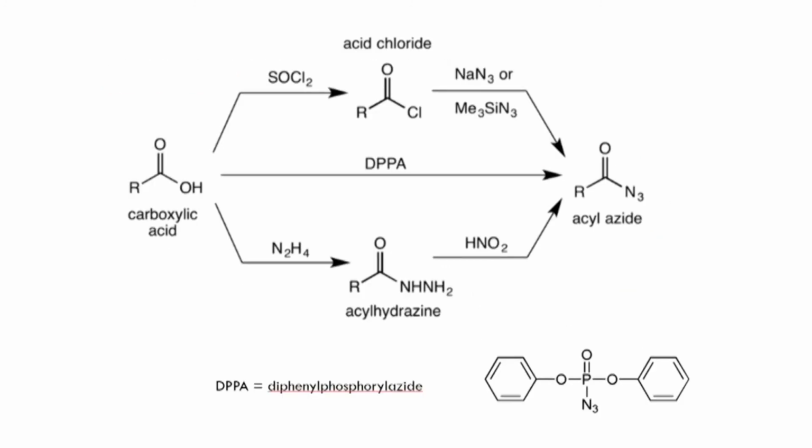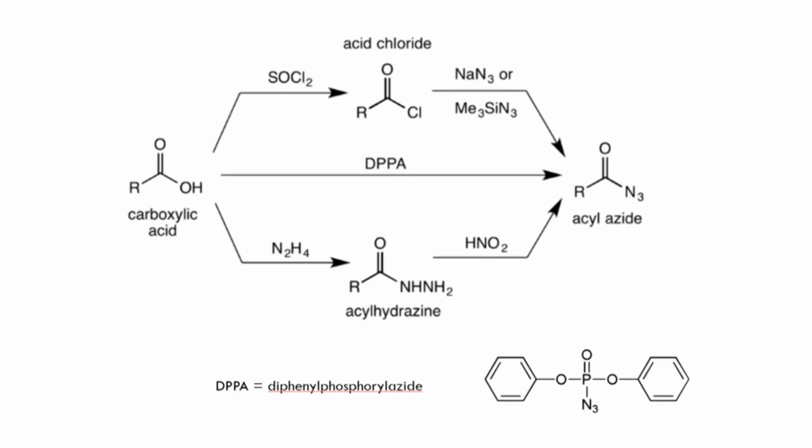Okay, so the way in which you generate this acyl azide is you start with a carboxylic acid, and you can react it with SOCl2 and produce an acid chloride. Subsequently, the reaction of the acid chloride with sodium azide or trimethylsilyl azide gives you the acyl azide. You can also do this reaction by reacting it with diphenyl phosphoryl azide, whose structure is shown here.